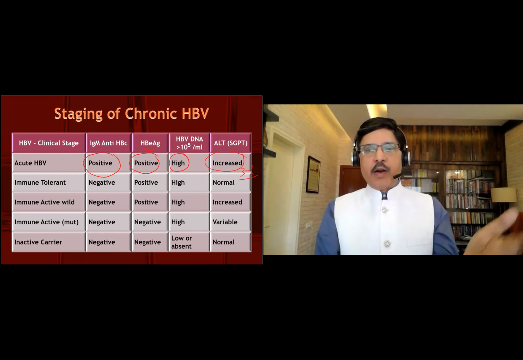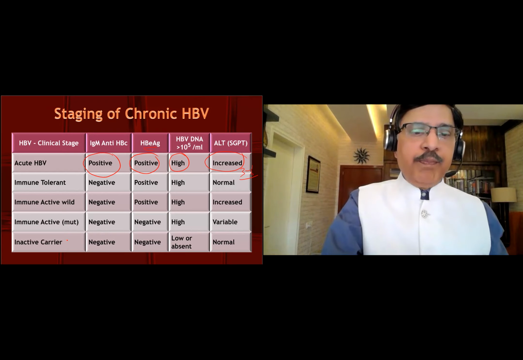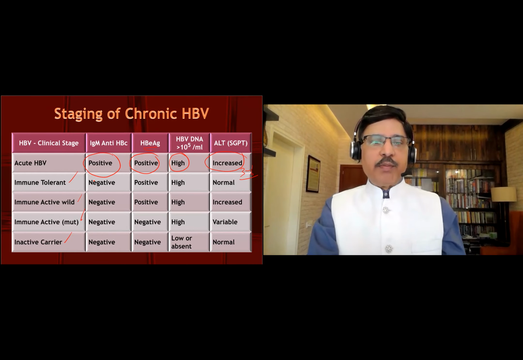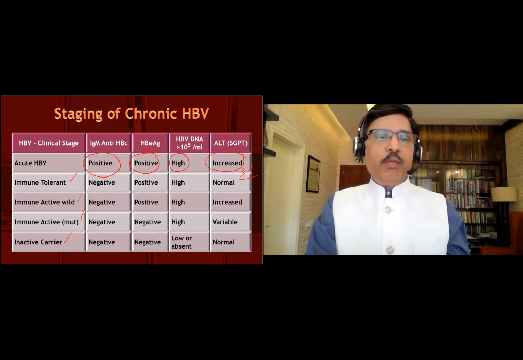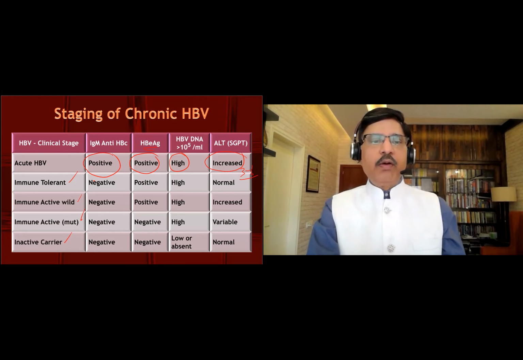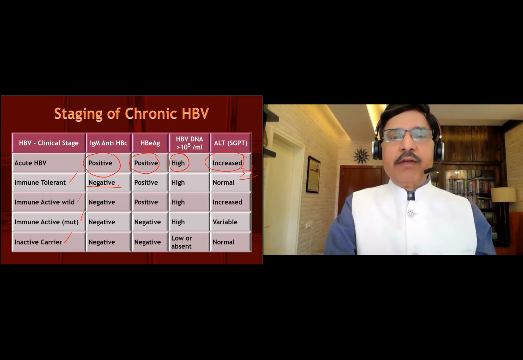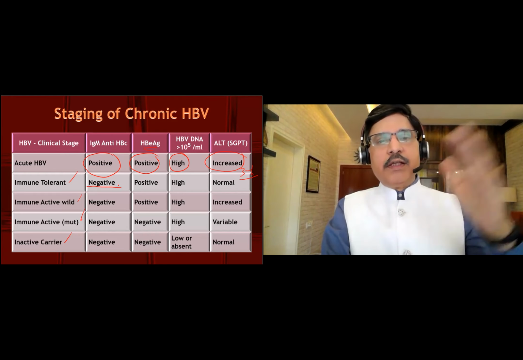He may drop the infection totally, or he may become an inactive carrier, immune tolerant or immune active. How do I know? Test the blood after 6 to 8 weeks. IgM becomes negative because by 12, 13 weeks the IgM antibody is coming down.